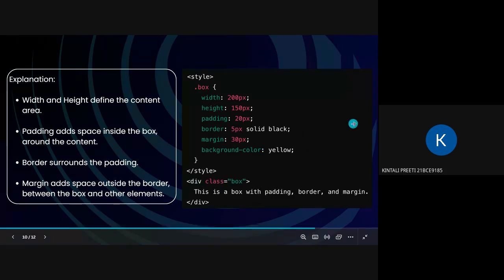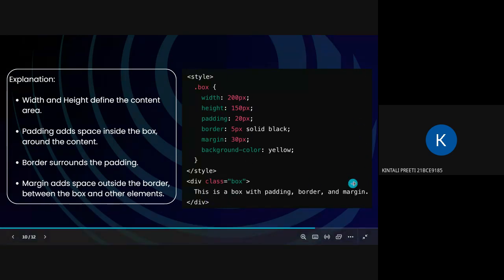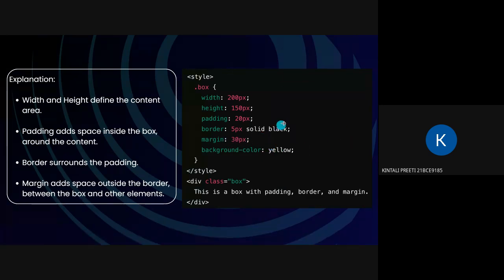We will create a box which will have a width of 200px and a height of 150px. Inside that, we will have this text. Whatever this text is, it will be fitting into that box. How the text looks will be defined by the padding, that is, how much padding the text has from the border of the box, which is 20px. If it is different, then the content will look different.